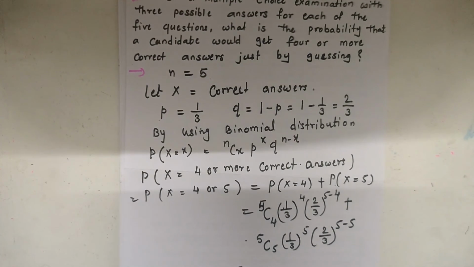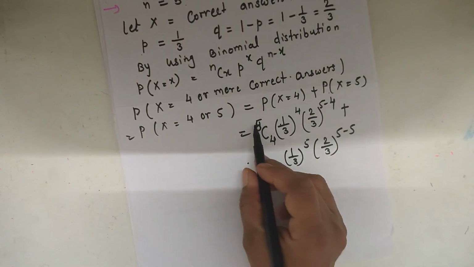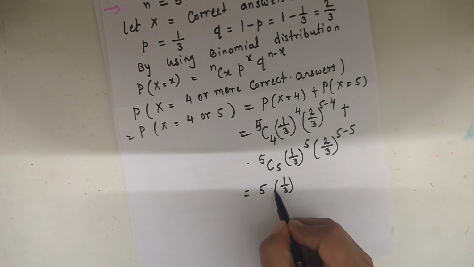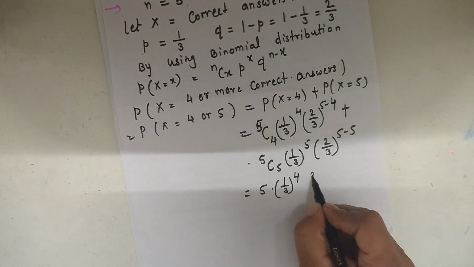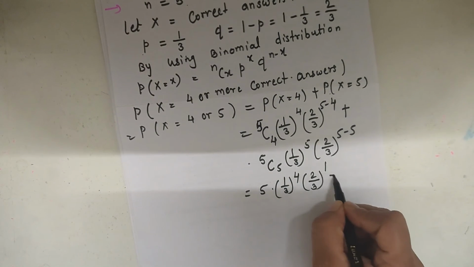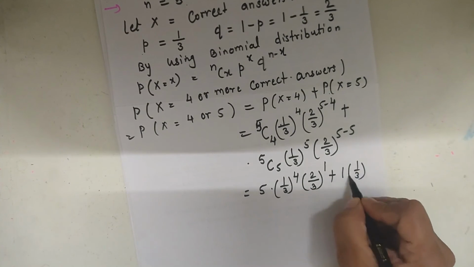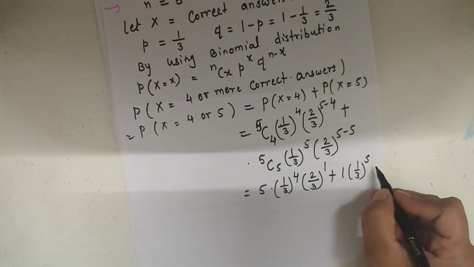Now by calculating this, we get 5C4, that is 5 into 1 by 3 raised to 4 and 2 by 3 raised to 1, plus 5C5 is 1, 1 by 3 raised to 5 and 2 by 3 raised to 0 means 1.